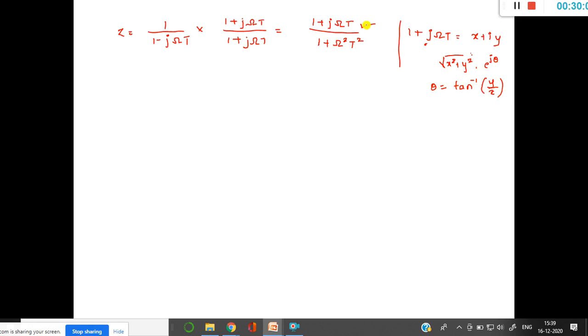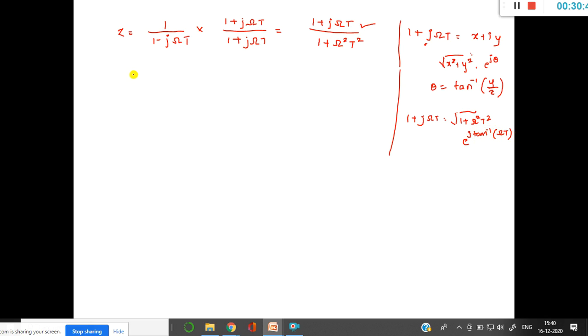So the numerator term, that is 1 plus j omega T, can be represented in this form: square root of 1 plus omega square T square, into e to the power of j theta, where theta is tan inverse of y by x, and y by x is nothing but omega T divided by 1.